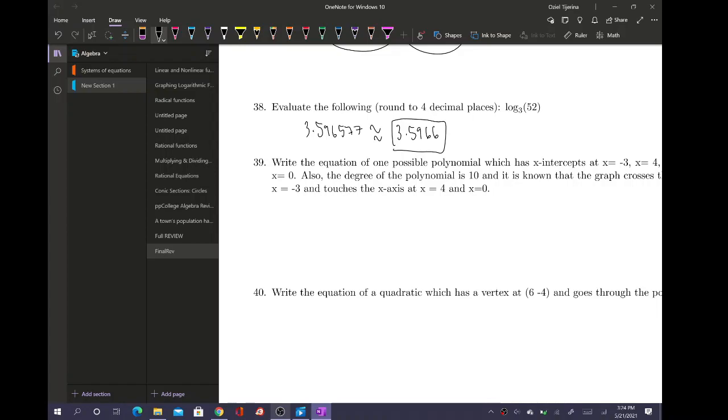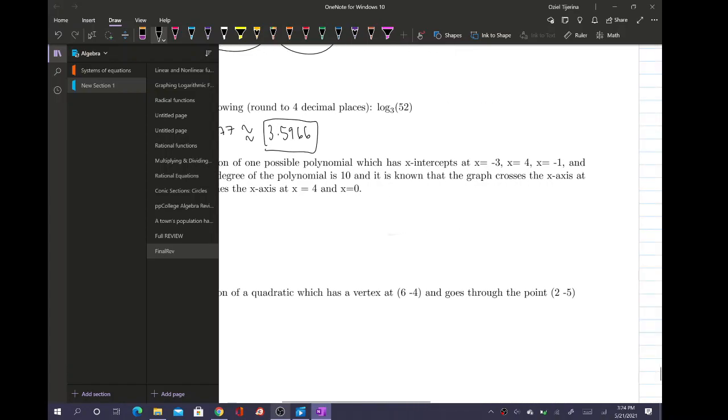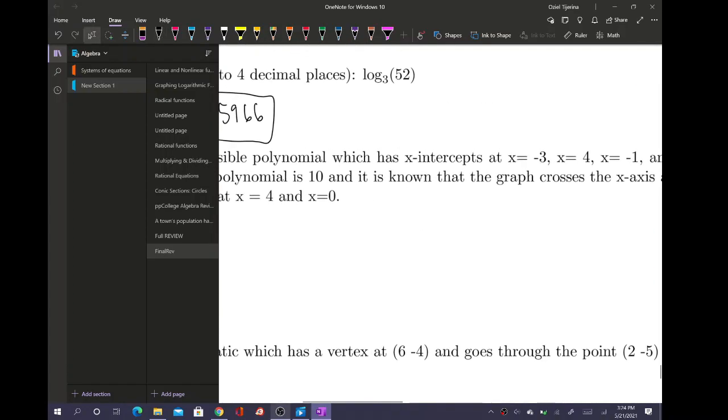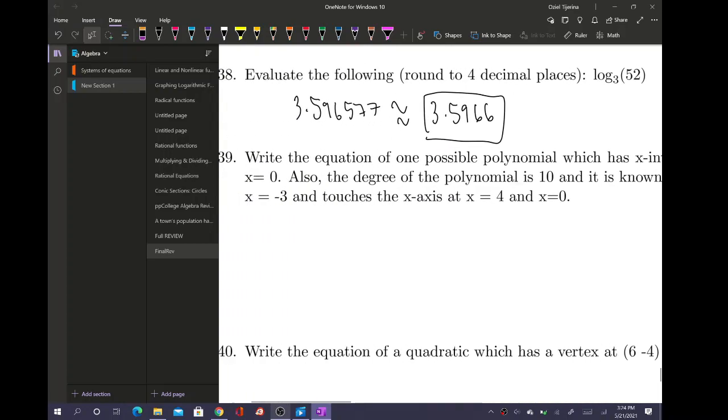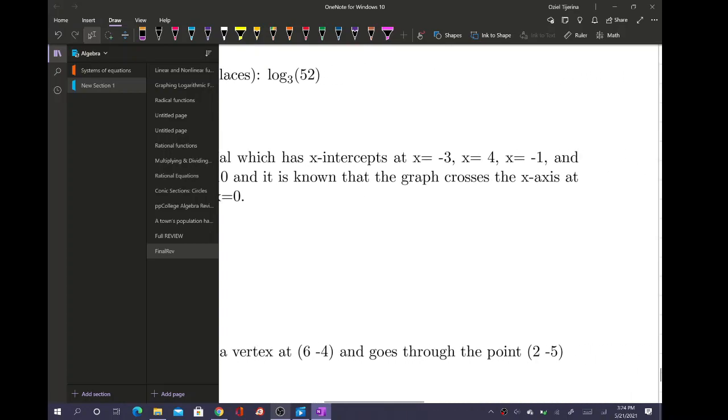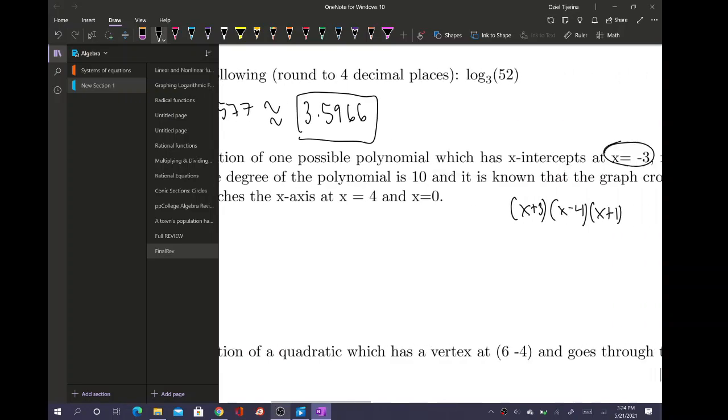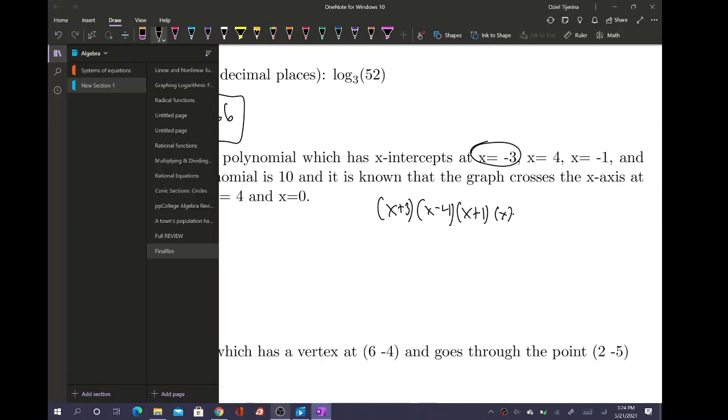So you have one possible polynomial which has x-intercepts at x equals -3. So obviously the roots are x equals -3, so the factors are x plus 3, x minus 4, and x plus 1. I say that because when you set these equal to 0, you get these answers. And then you have x equals 0, so times x as well.